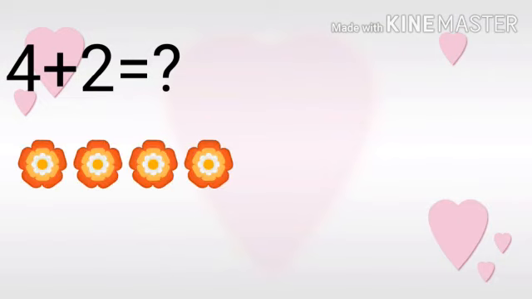How can we add these numbers? We have 4 flowers. We add 2 flowers more. Then how many flowers are here? Count the flowers. 1, 2, 3, 4, 5, 6. 4 plus 2 is equal to 6.